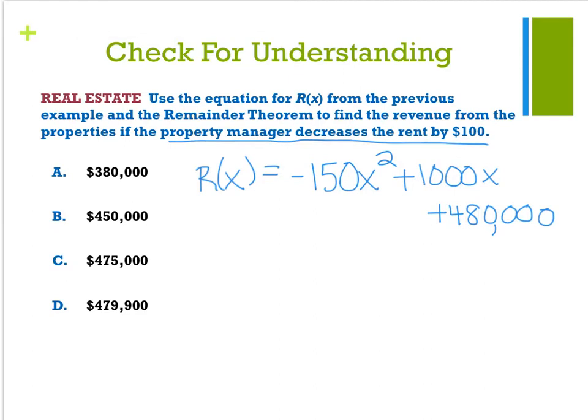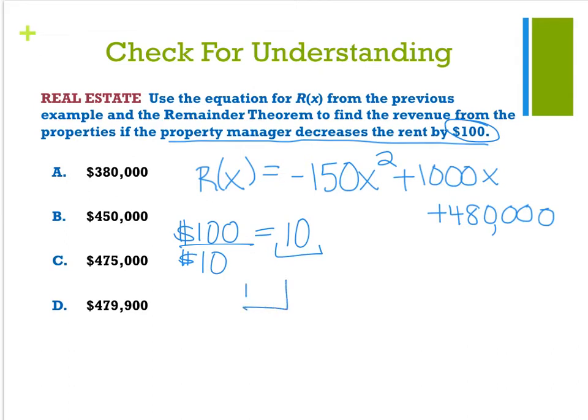So we need to figure out how many $10 decreases occur if the rent is decreased by $100. So first of all, $100 divided by 10 means that there's 10 $10 decreases to give you a total of $100 decrease. So we have 10 $10 decreases.